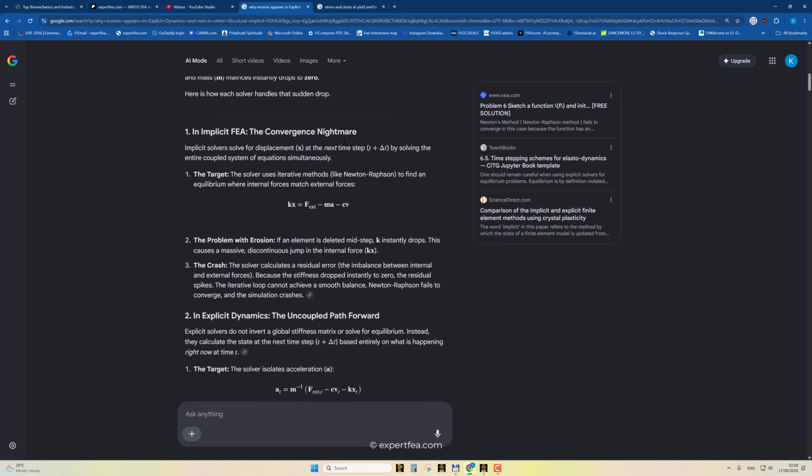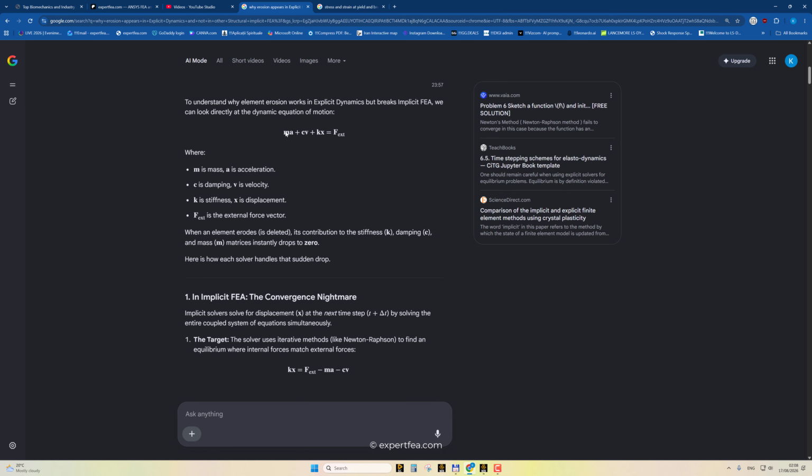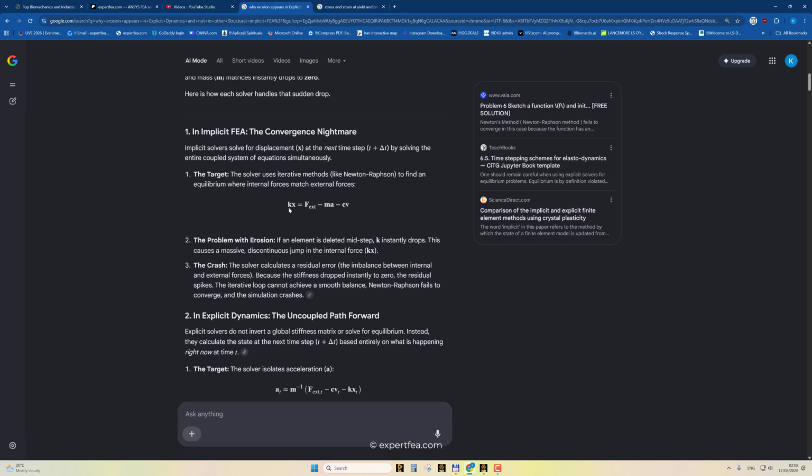Having known the main equation for how the FEA is working, the external forces must be in equilibrium with the force given by the acceleration, by speed, and the stiffness and displacement. The implicit simulation solves the displacement as this equation over the stiffness.